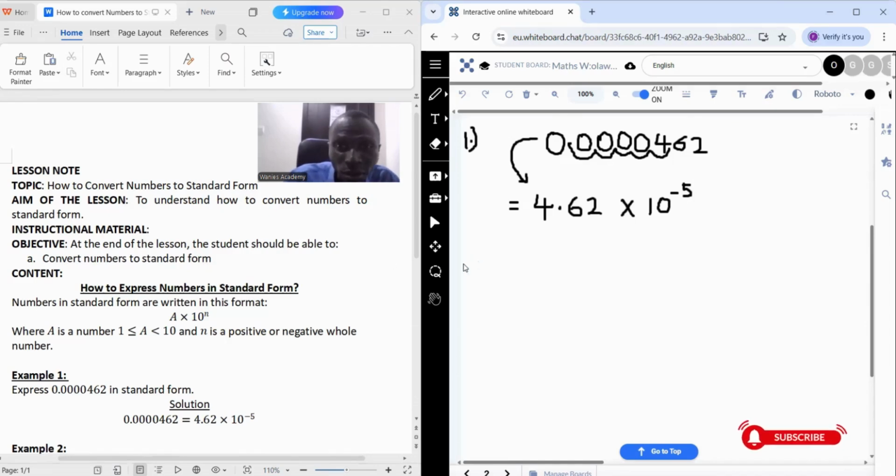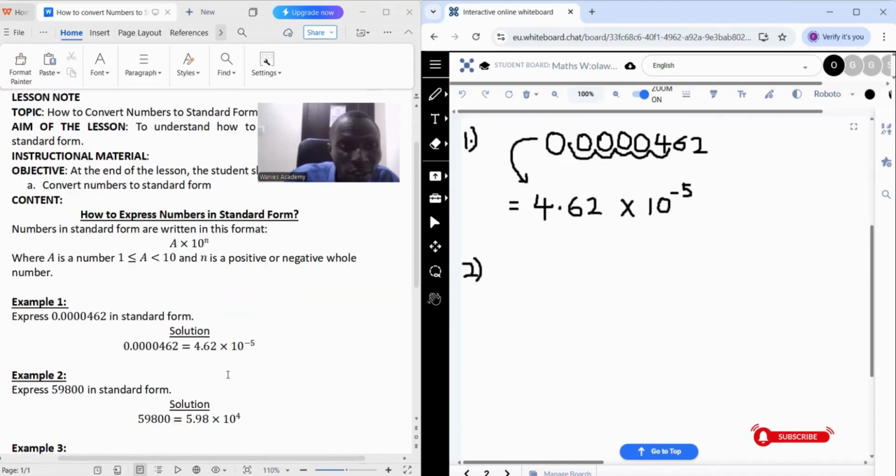Move to example 2. Here we are asked to write or express 59,800 in standard form. Just like what we did in example 1, you have to think of the first number. This is a number that is greater than or equal to 1 but less than 10.